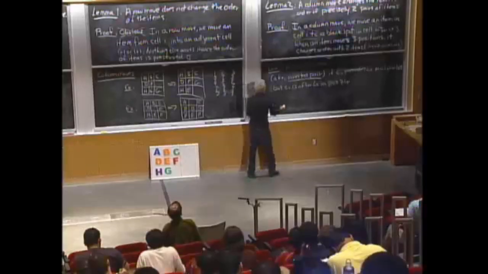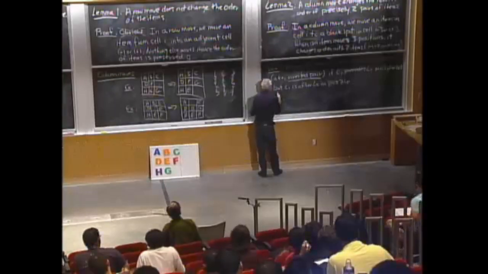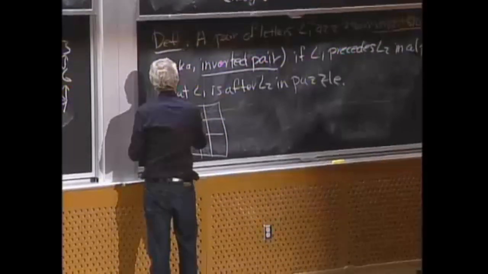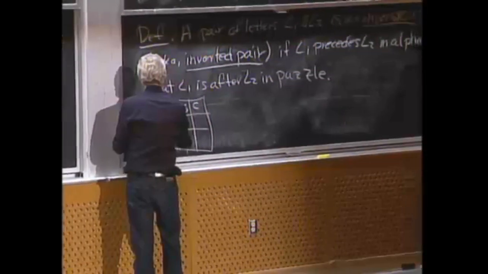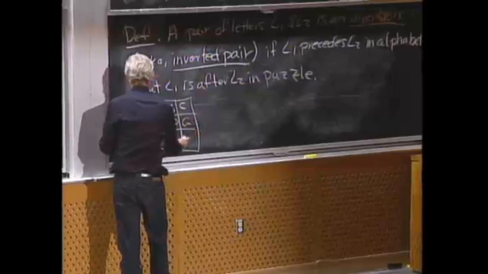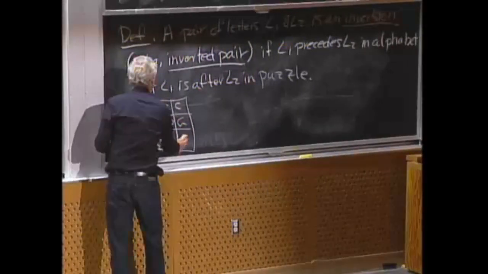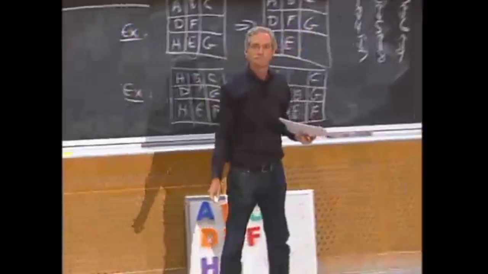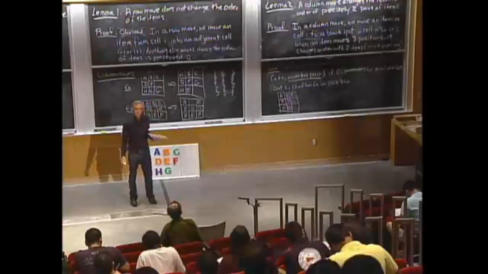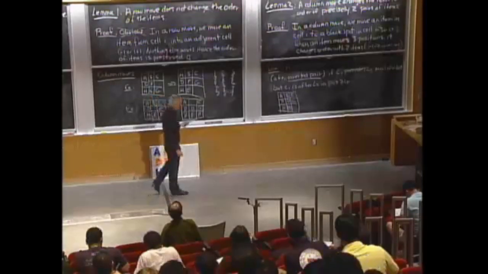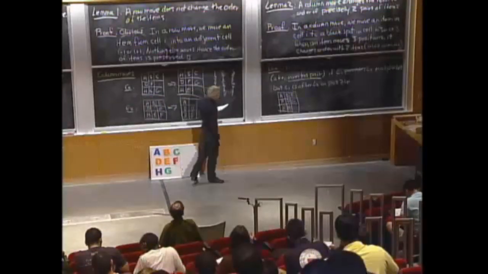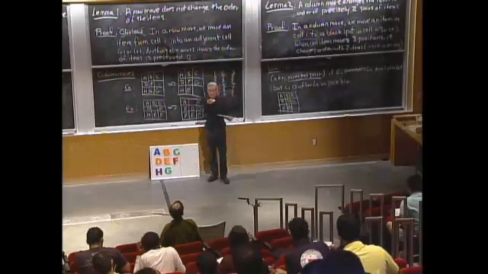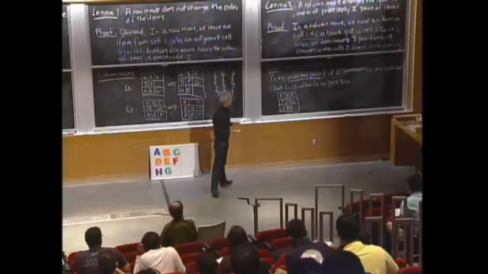So for example, let's see, how many inversions do we have in this case? Got A, B, C, F, D, G, E, H. How many inversions are there in that state of the puzzle? Yeah? Three, good. And what are they?